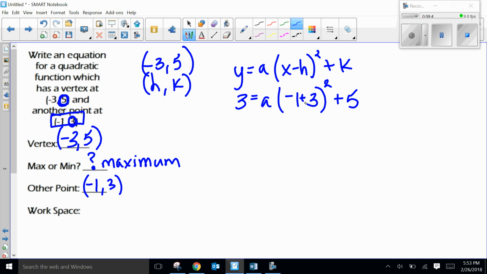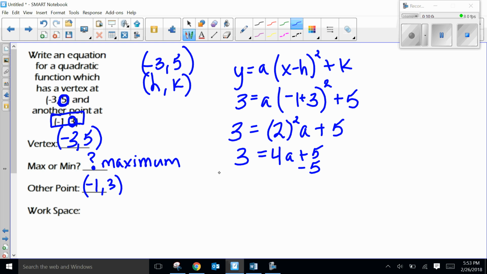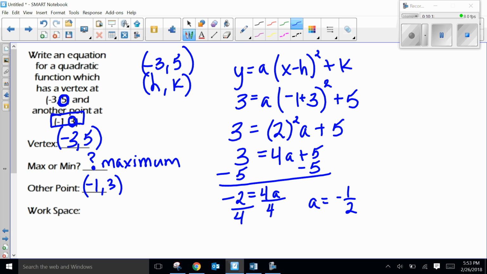Okay, starting to simplify, negative 1 plus 3 is 2, and I have 2 squared times a plus 5 equals 3. So I have 4a plus 5 equals 3. Now subtracting 5 on both sides, negative 2 equals 4a. And divide by 4. a is negative half.